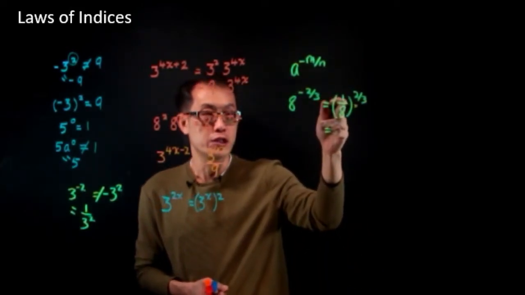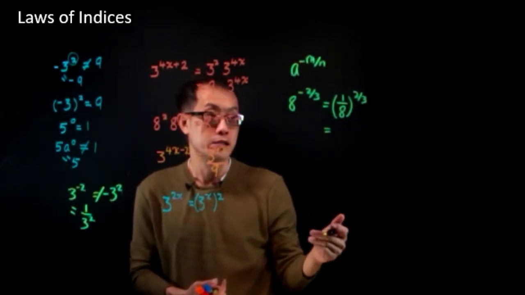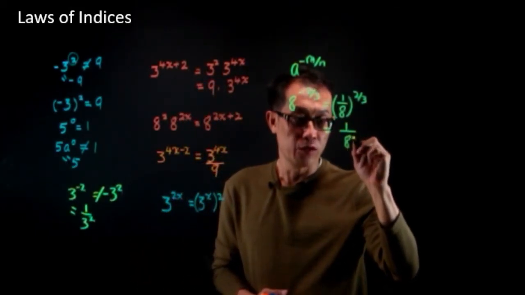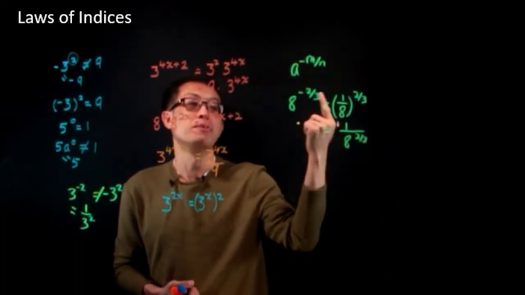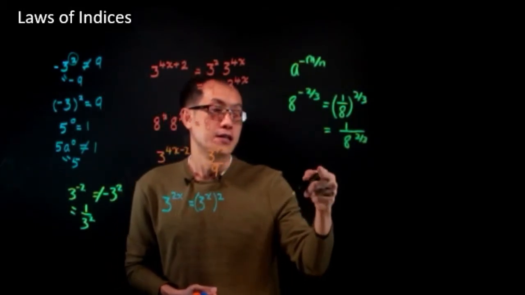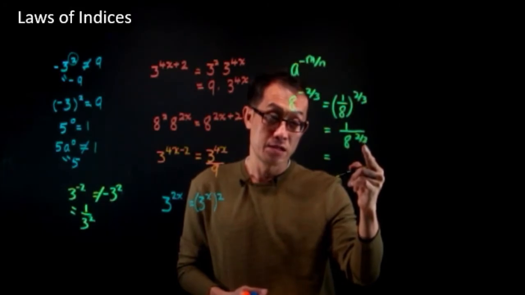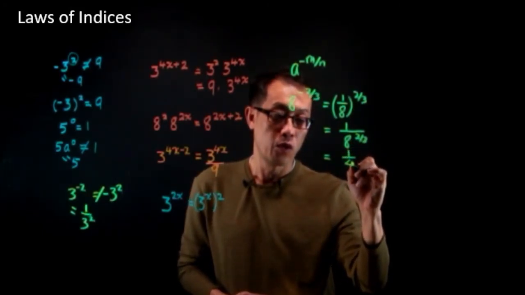There's no change to the numerator; 1 to the power of 2/3 is still 1. Now, so you are left with 1 over 8 to the power of 2/3. Now, let's say if we do the cube root first, it will be 2. Then you square it, so this will be 1 over 4.